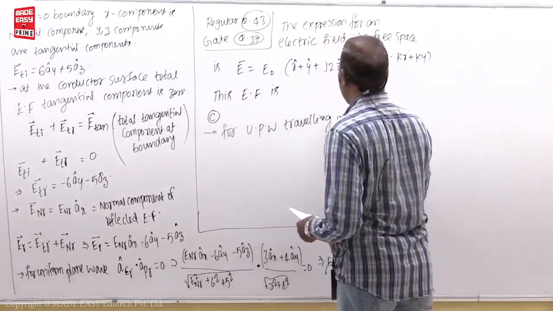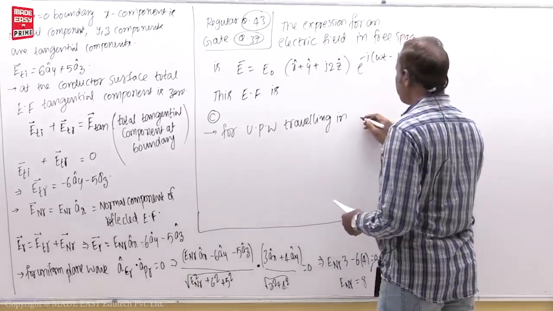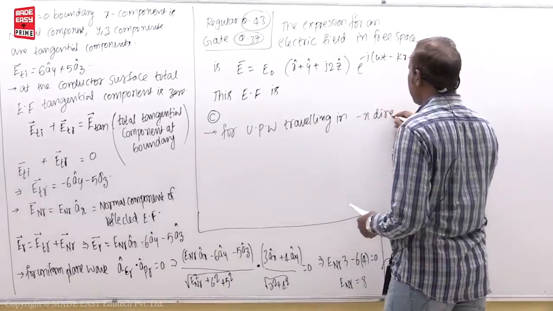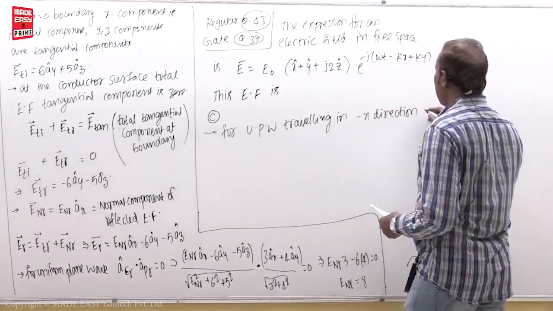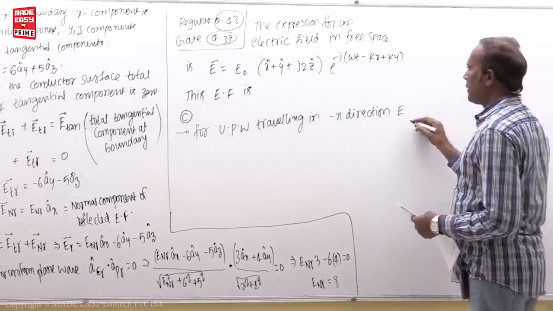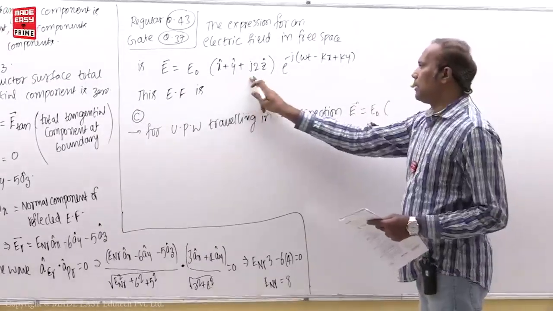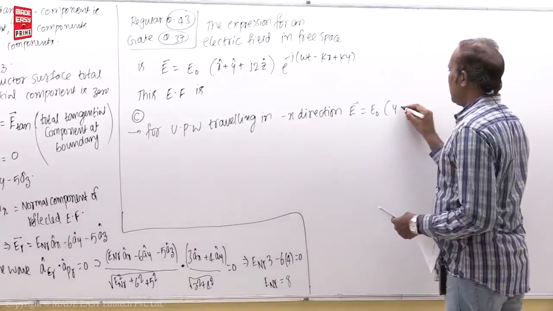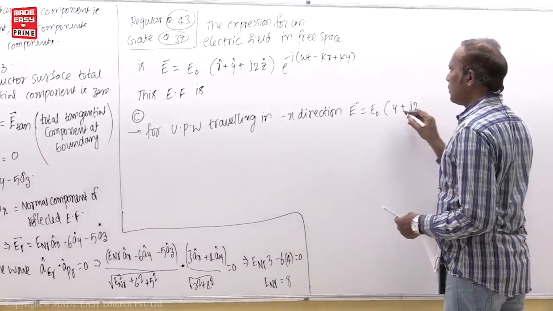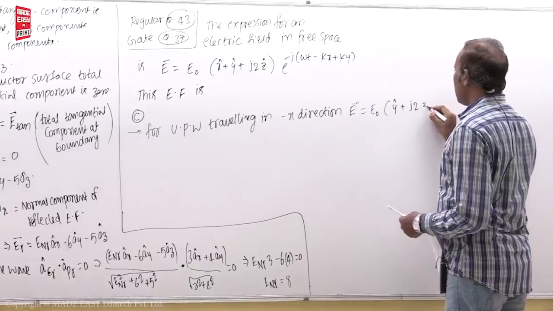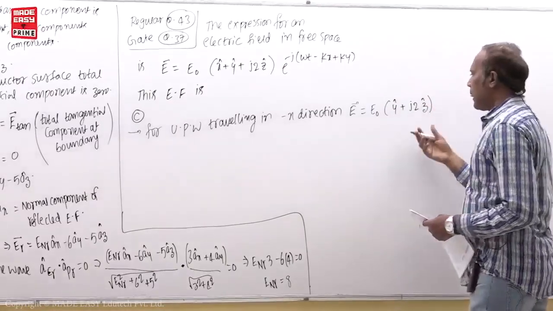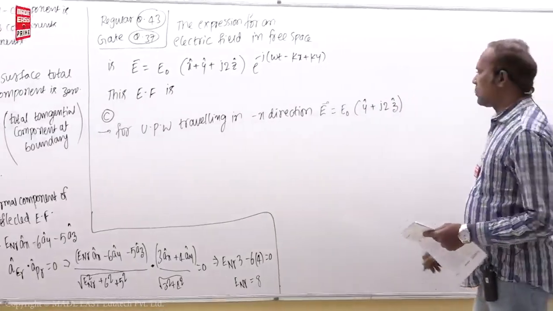So here, for a uniform plane wave traveling in the minus x direction, the electric field components should be E naught into y cap plus j2 z cap. Can you tell me what is the polarization of this one, dear students?